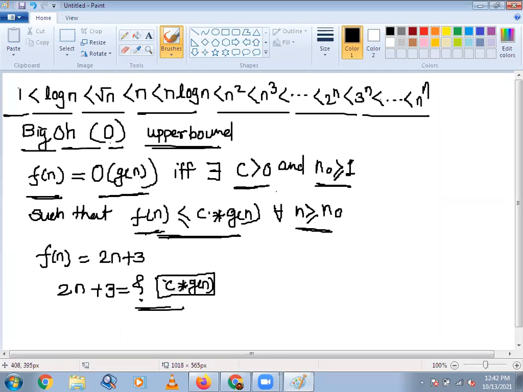We have to find which value comes here, what is the constant, what is the n, and what is the function. Suppose here the equation is f of n.